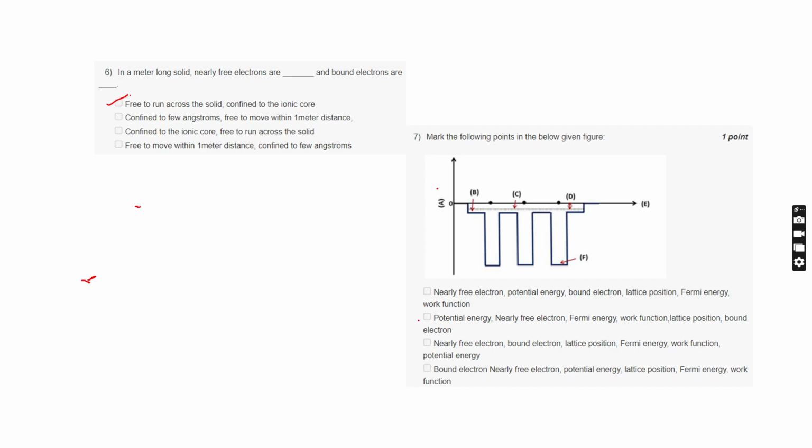So from here this option will be the correct potential energy, and second one, this situation will be nearly free electron, and C will be this Fermi energy level, and D will be the difference, right? So it will be like the work function, the minimum energy which is needed, and A will be the axis, lattice position, so it will be E versus K curve. Okay, and then here we can see the bound electron positions.